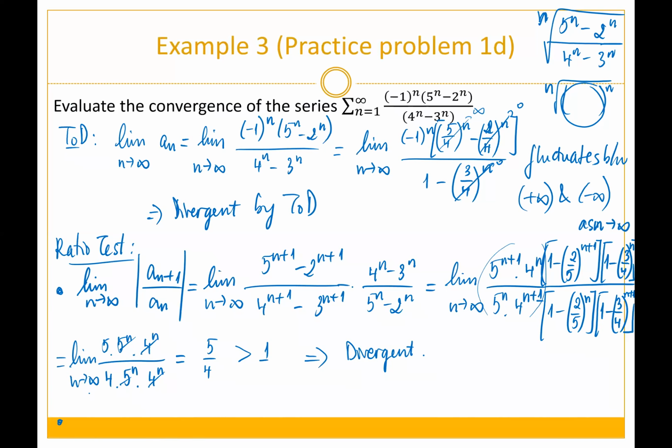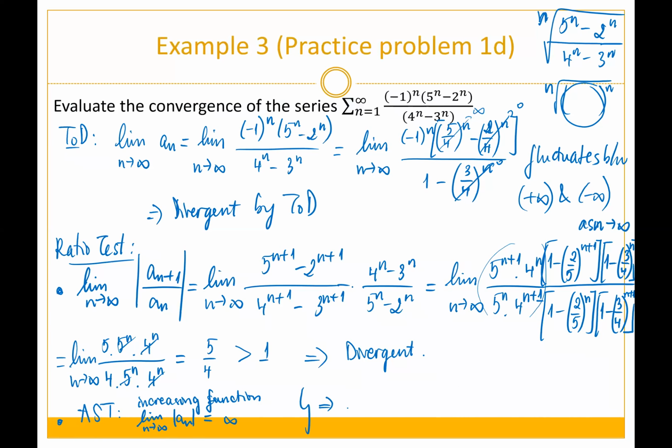But here, if you use the alternating series test, it's an increasing function, and the limit as n approaches infinity of a_n is infinity, because it's going to approach 5 over 4 to the n.